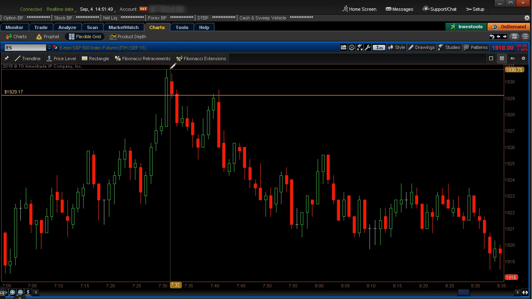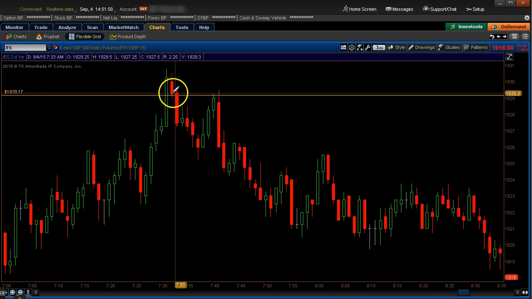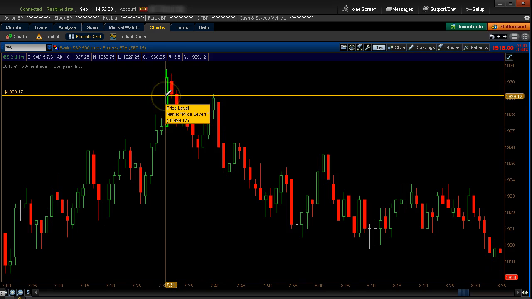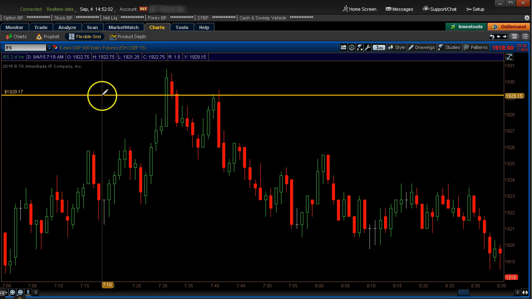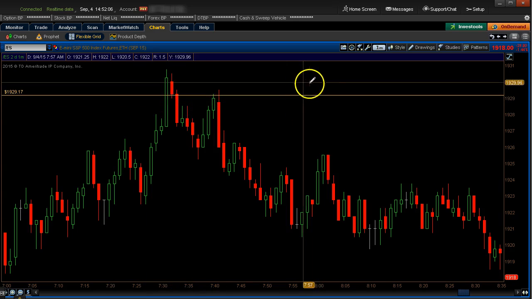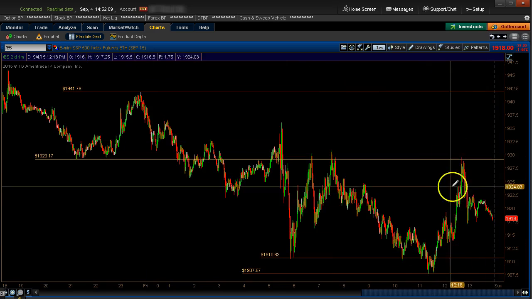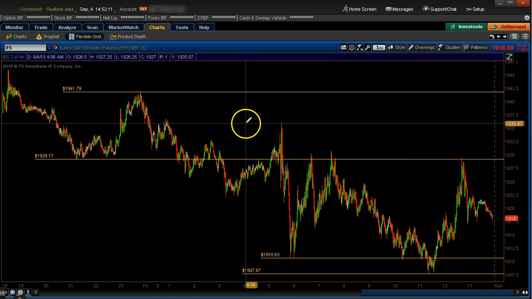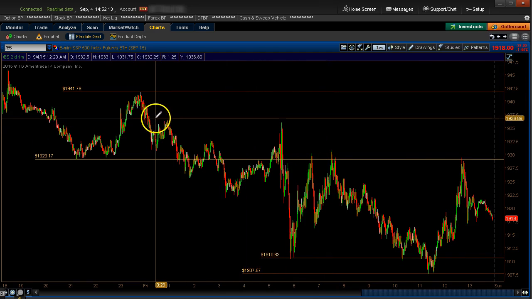If we were, 30.75 was the high, your entry would have been 31 to get long. And then if we fall back below and close below that support level or resistance, that's where your exit would be.